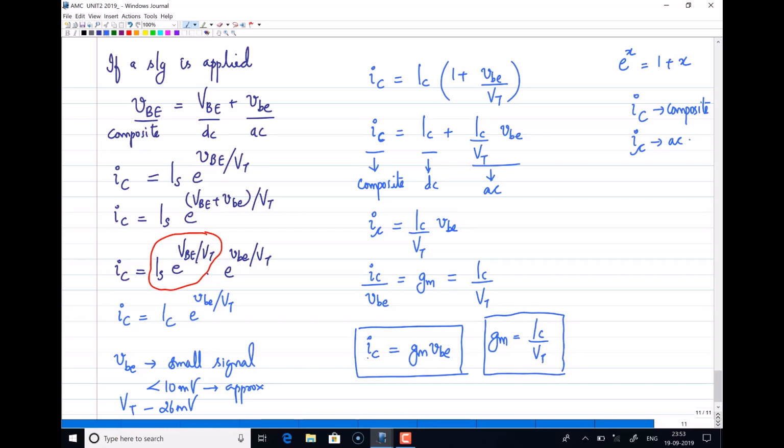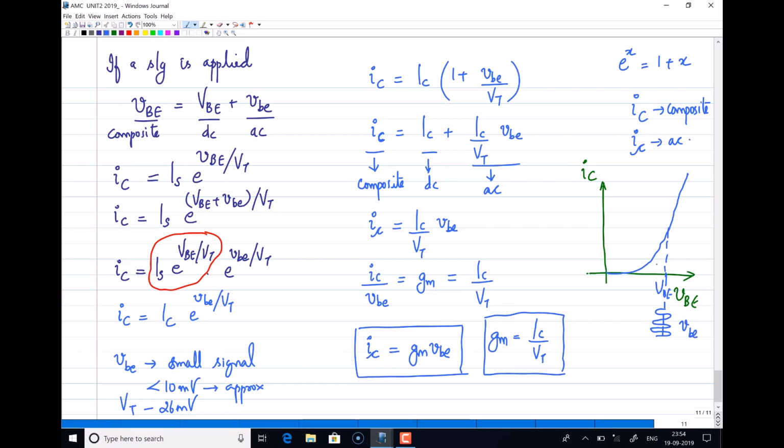Right. So this is one very important thing. Now if I look at the graph of input voltage vBE and output current iC, it will be something like this. For a DC VBE, say this is the DC VBE, on that DC VBE we will be applying a very small signal, which is your vbe.